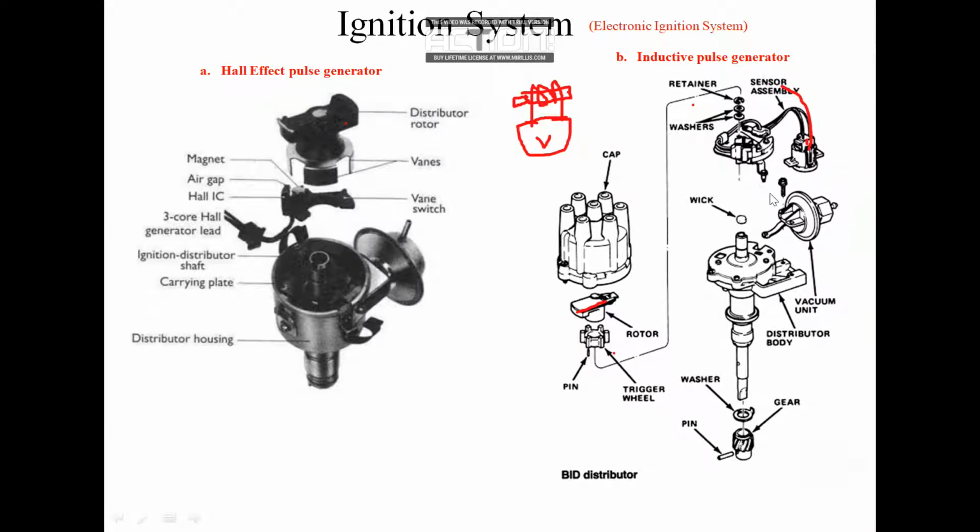Whenever this reluctor or peak comes in front of the sensing element, the magnetic flux generated by this magnet is deflected. Due to the disturbance of the magnetic flux, the reluctance or EMF changes, which is sensed by this voltmeter, and the ECU comes to know the exact position of the piston with respect to top dead center.